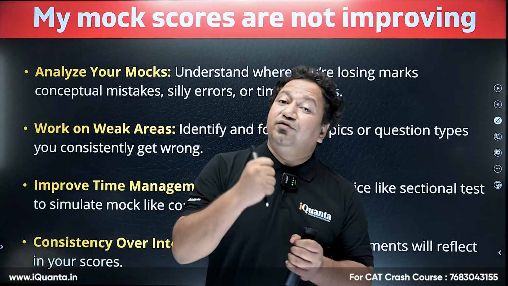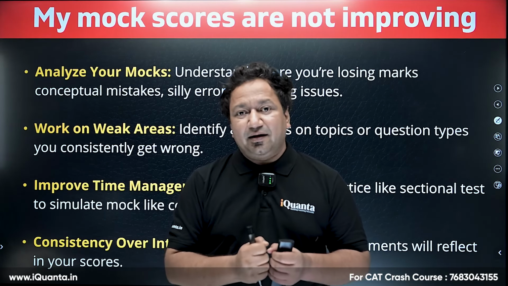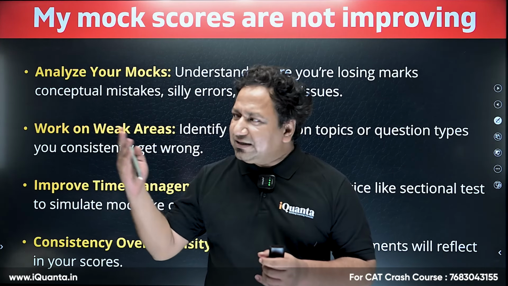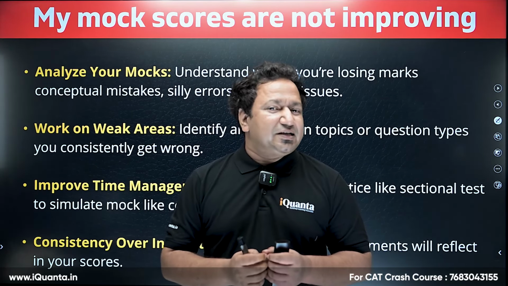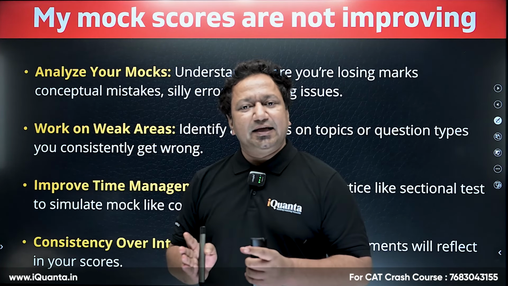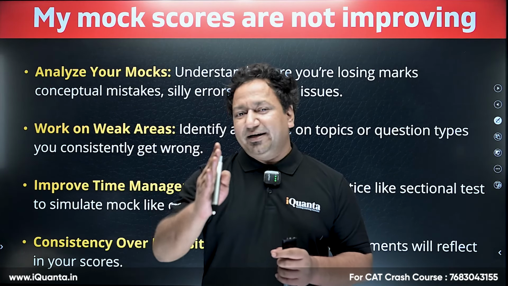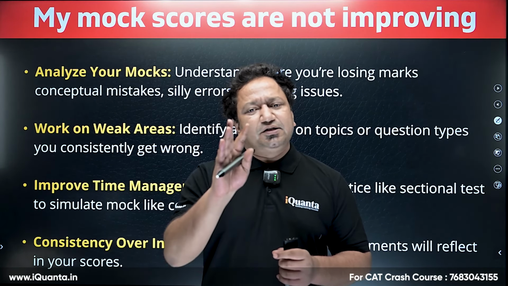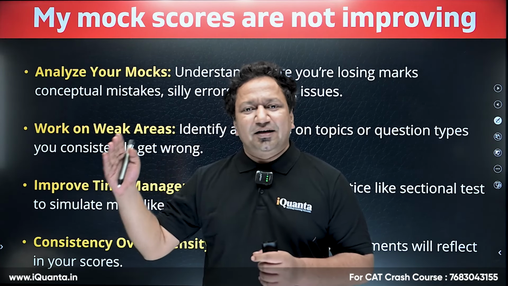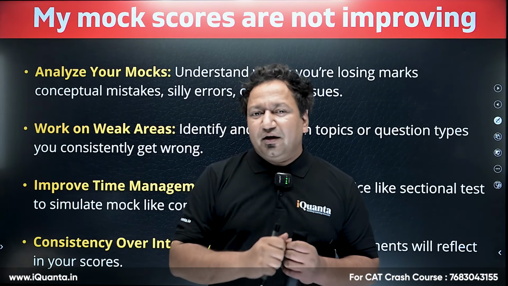We are more scared of loss. We fear, okay, what will happen if I do not crack it? One more year will be wasted, right? What will my family say, what will my friends think about me, what will society throw at me? The thing is, all these things, the anxiety, the hurdles, it's all in the mind. It's all in psychology. Just restart things with a fresh mind. Every mock is like a chance to get that glory that you are waiting for.